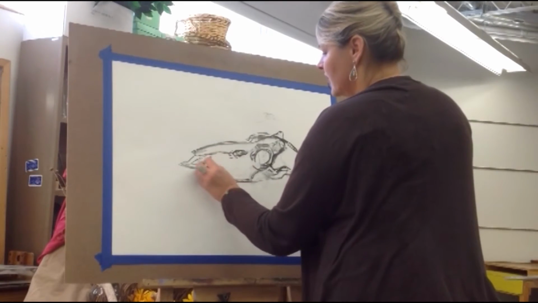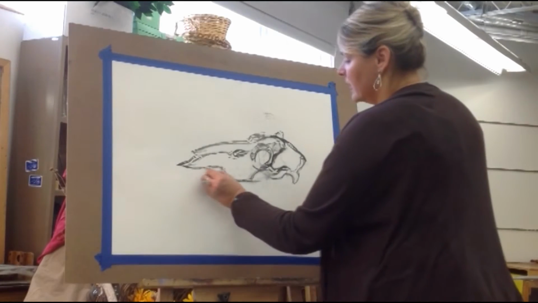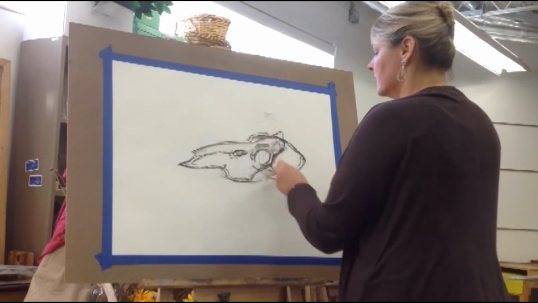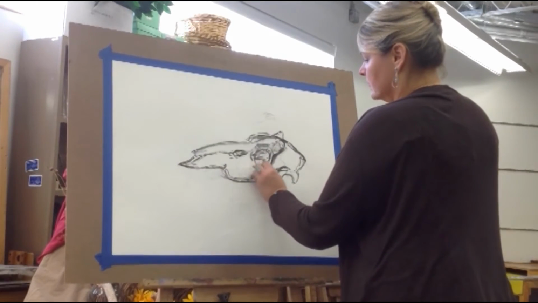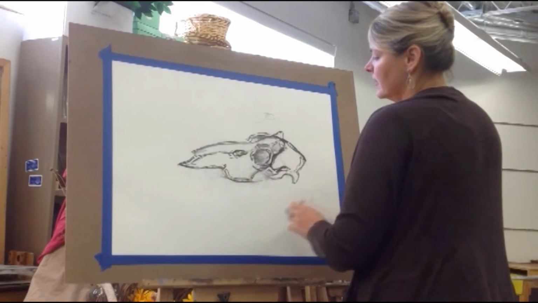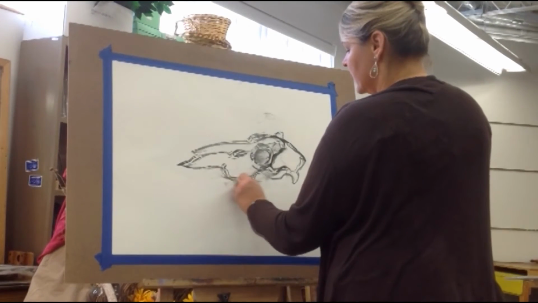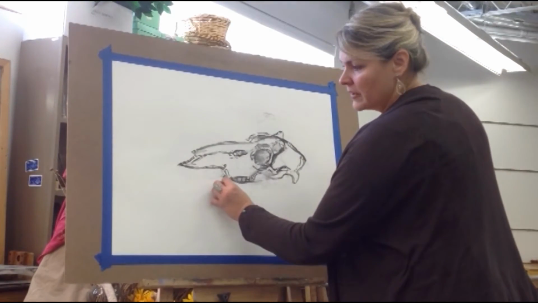It's used to draw a shape, such as a map or a comic. Okay, so we're trying to show three-dimensionality, so we're going to use contour. A little bit of value. We'll say values right now. I'm going to talk in just a moment about what values are in a drawing.